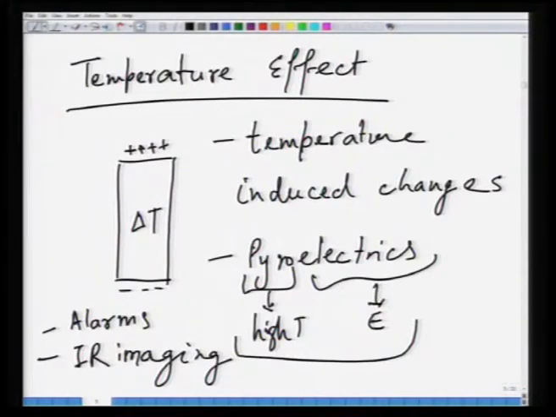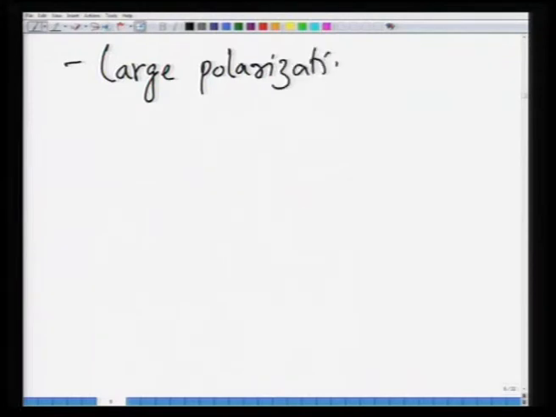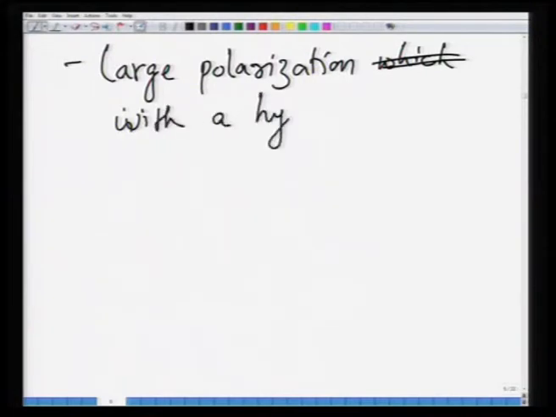And the third effect, which is a very special effect again, is the presence of large polarization with a hysteresis behavior.